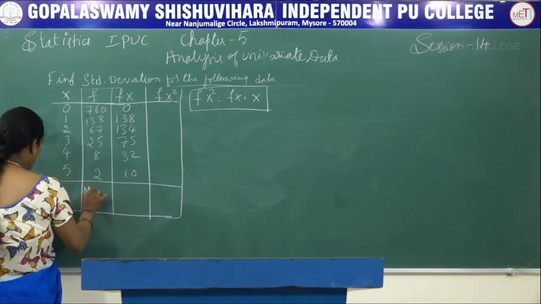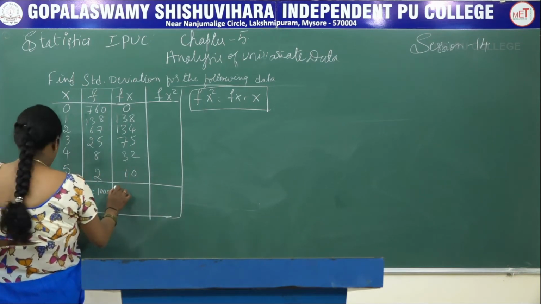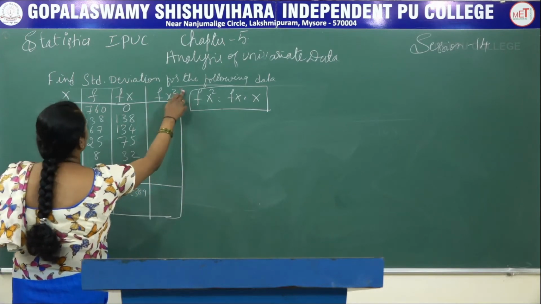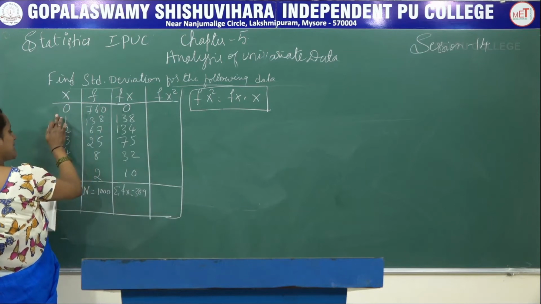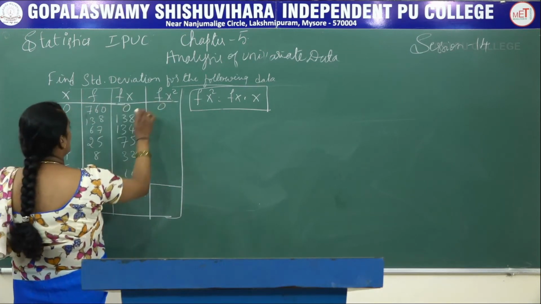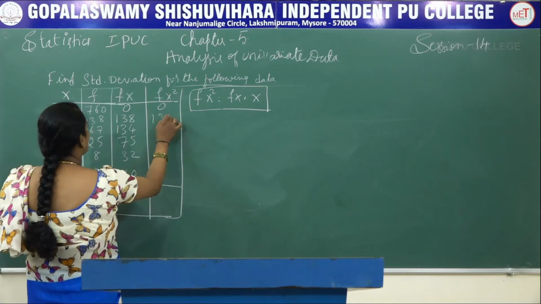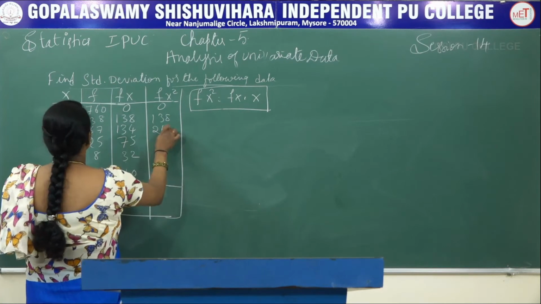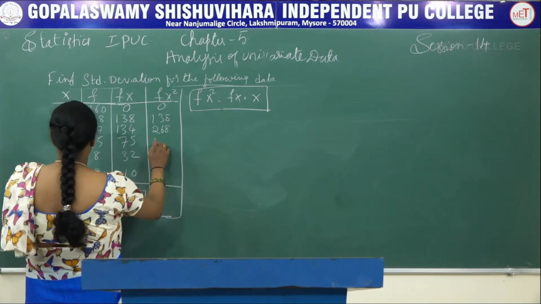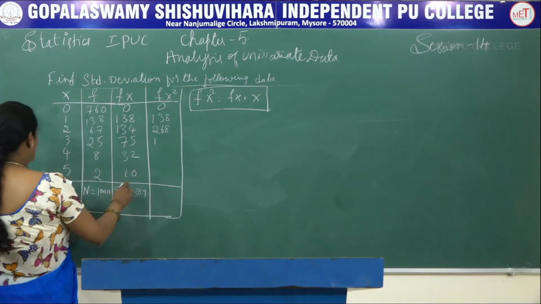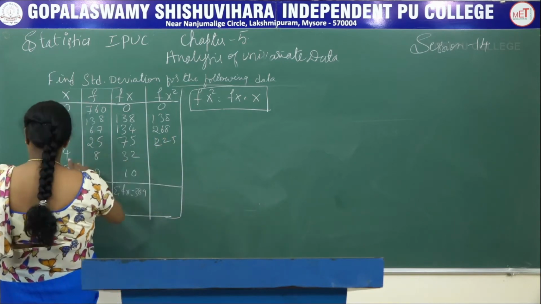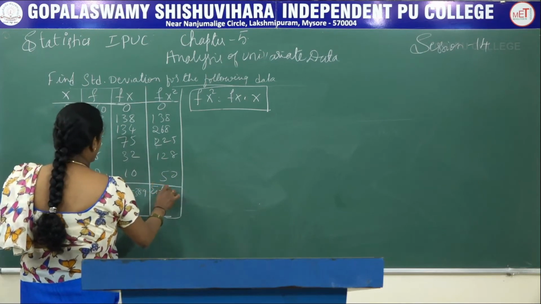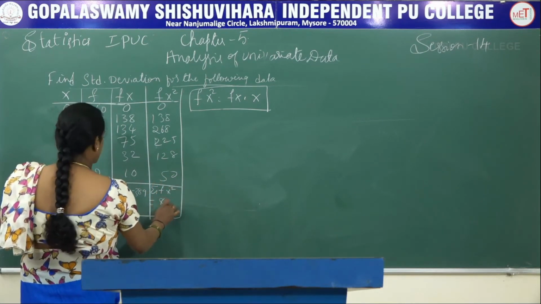Taking summations, N is equal to 1000 and summation of fx is equal to 389. For fx square, the fx column is multiplied by the x column: 0 into 0 is 0, 138 into 1 is 138, 134 into 2 is 268, 75 into 3 is 225, 32 into 4 is 128, 10 into 5 is 50, and summation of fx square is equal to 809.